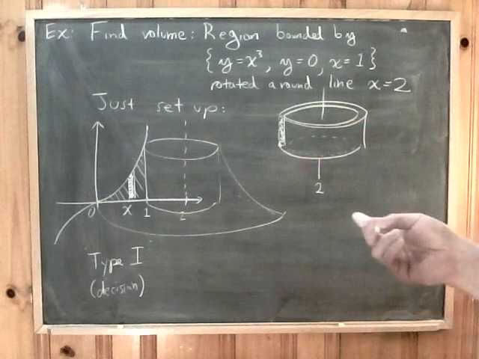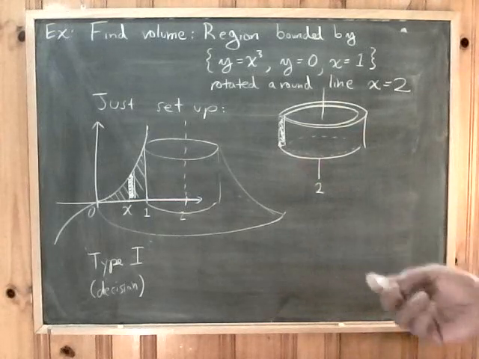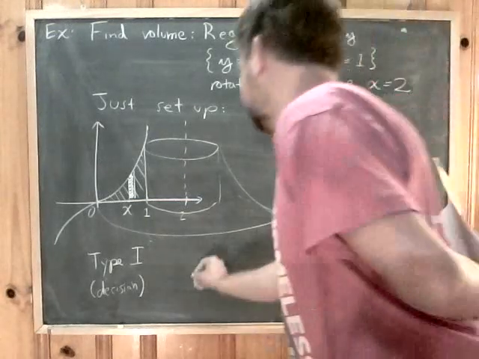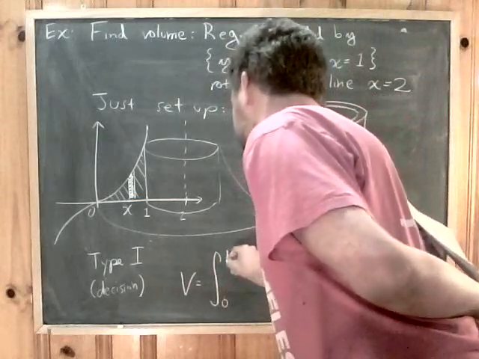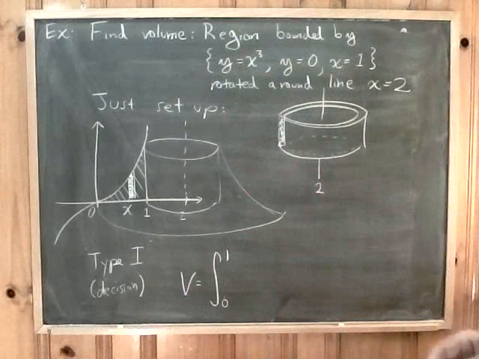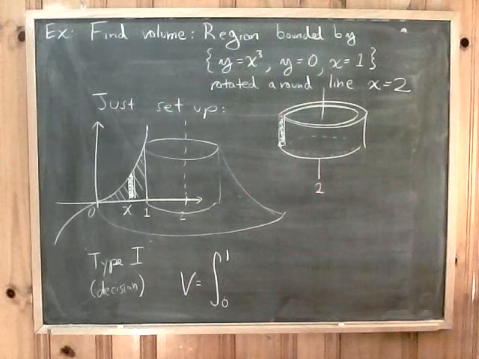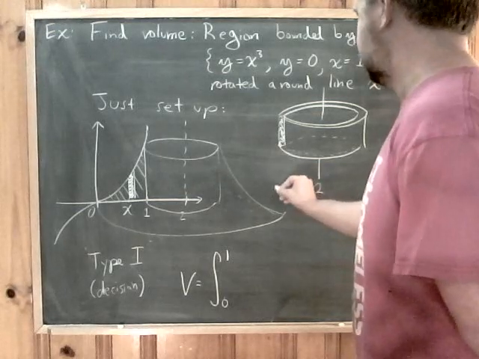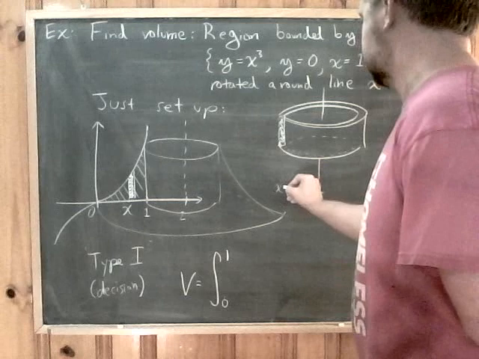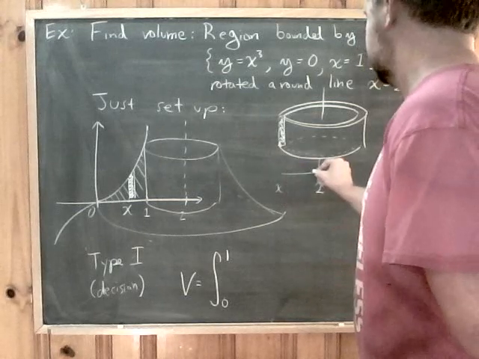I could start the integral already by saying it goes from 0 to 1. If I put the integral down here, I know I want x to go from 0 to 1. And so what is the distance from x to 2? I need this radius.